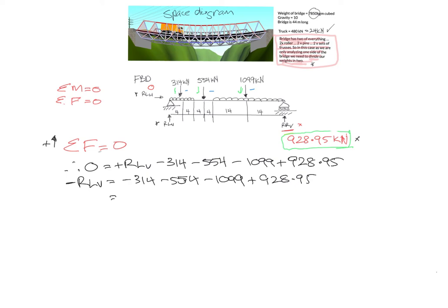If I plugged that into my calculator, I would find that minus RLV will equal minus 1038.5. These cancel out, so RLV will equal 1038.5 kilonewtons. So you can see the math is actually really quite simple.